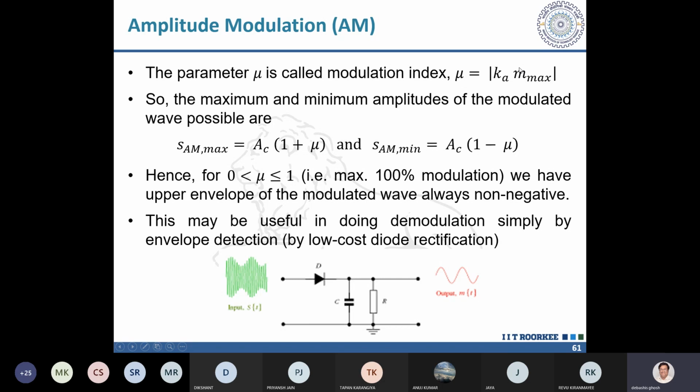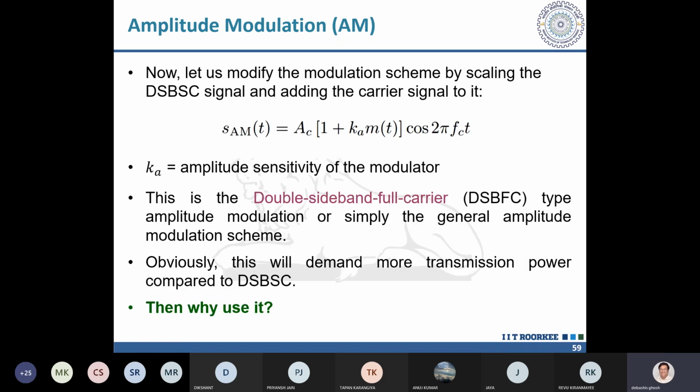Okay, I don't know what will be the value, so whatever is the maximum possible value of your message signal, into Ka, taking absolute value of that, is my mu, and this mu is called the modulation index. So now you see, if Ka into maximum value of m(t) is taken, then this becomes mu.